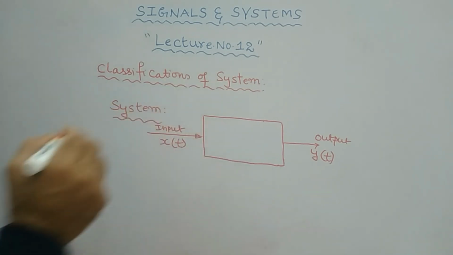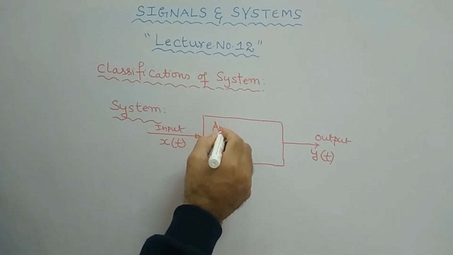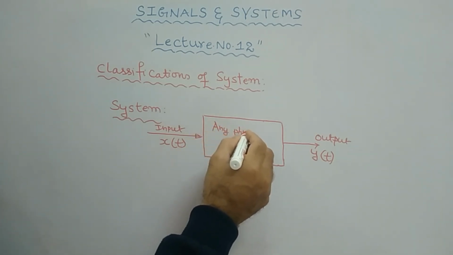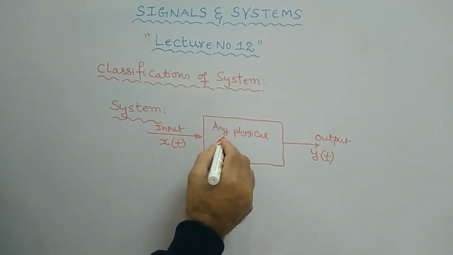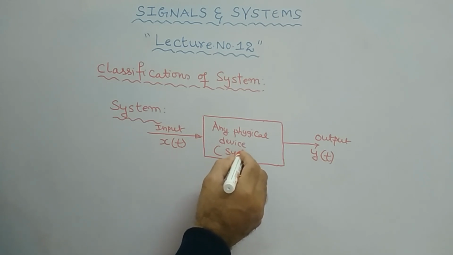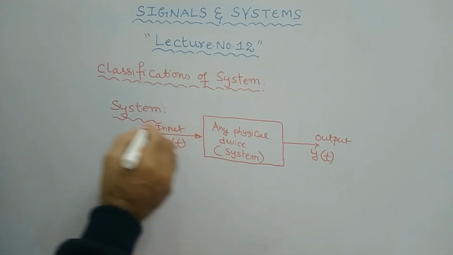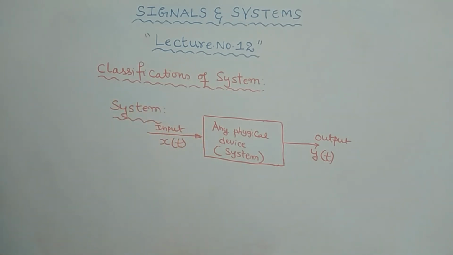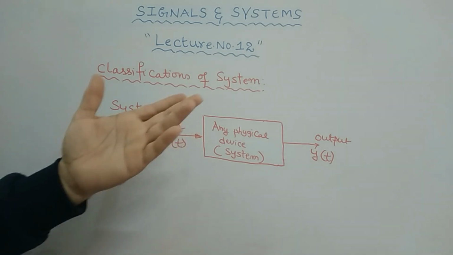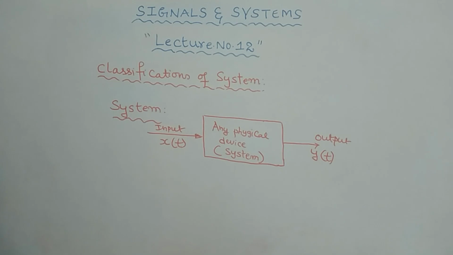Any physical device we call a system. So what is a system? A system is nothing but any physical device which performs various operations on the given input in order to get the output. That particular device is called a system.